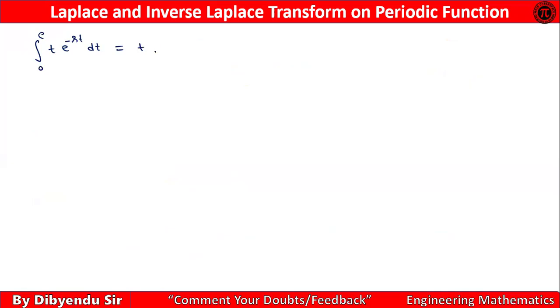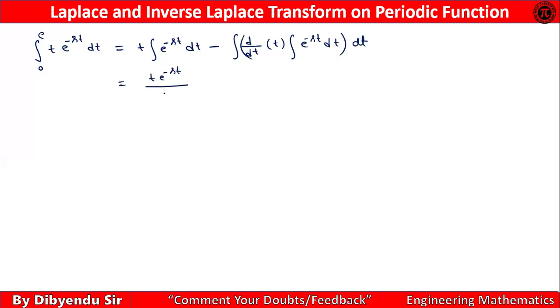So t into integration e to the power minus st dt, minus integration of d by dt of t into integration e to the power minus st dt, whole integration. Okay, this is the formula. So that will be t e to the power minus st divided by minus s, minus integration, derivative of t is 1, and e to the power minus st divided by minus s dt.